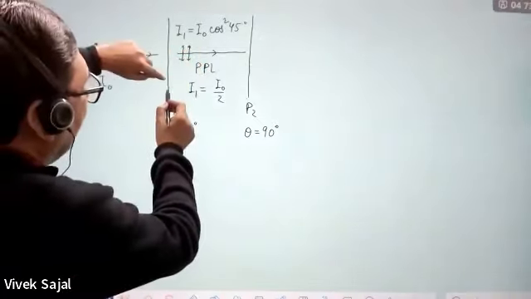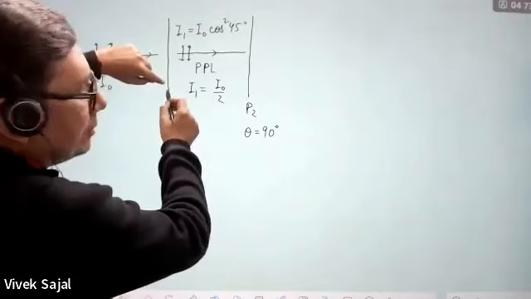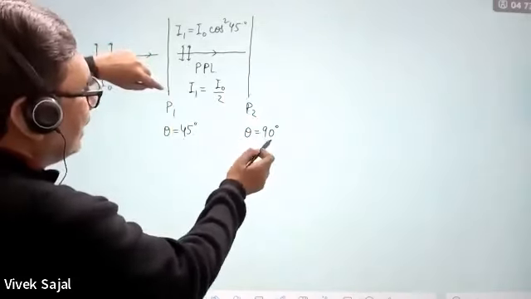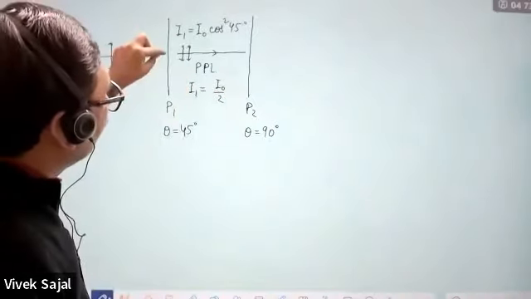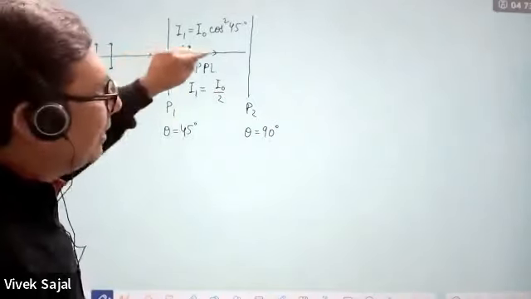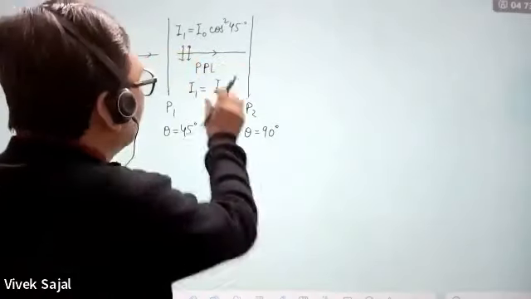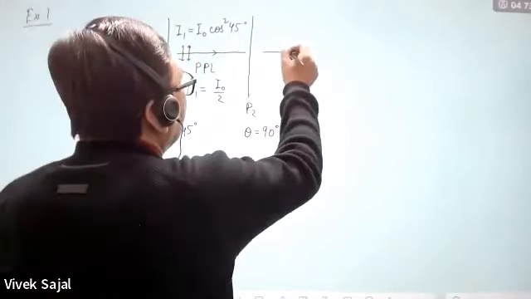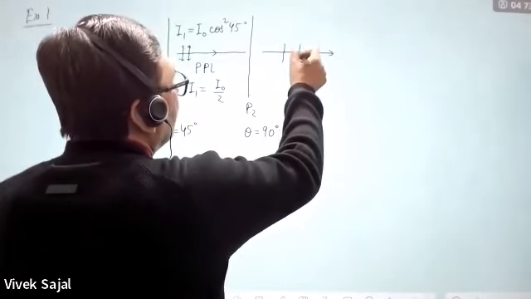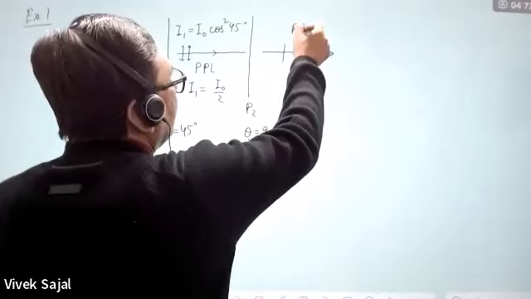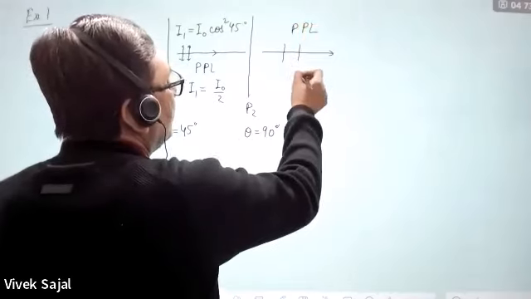And you know that the angle between the path axes of P1 and P2 is 90 minus 45. So 45 degrees is the angle between the path axis of the first polarizer and the second polarizer. When this plane polarized light passes through it, it will emerge on this side as plane polarized light. But what will be its intensity?